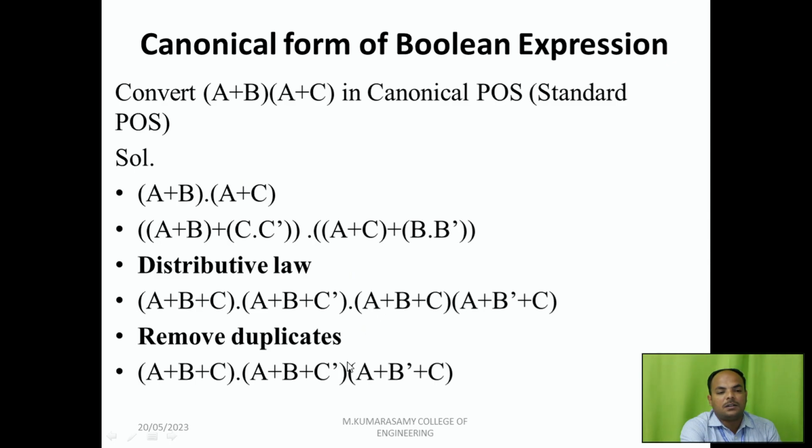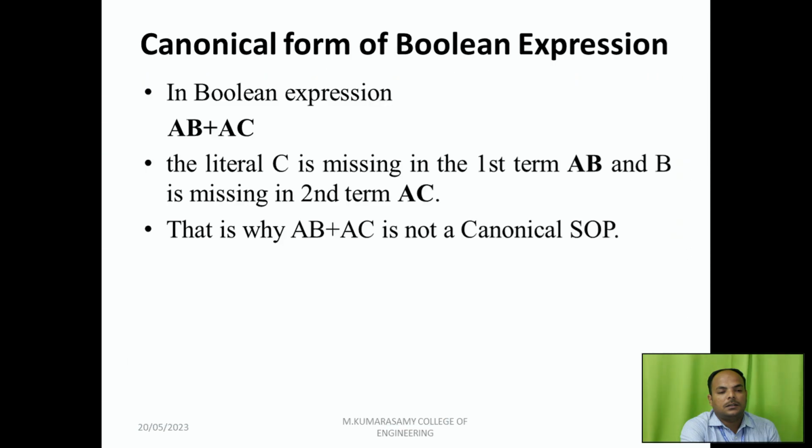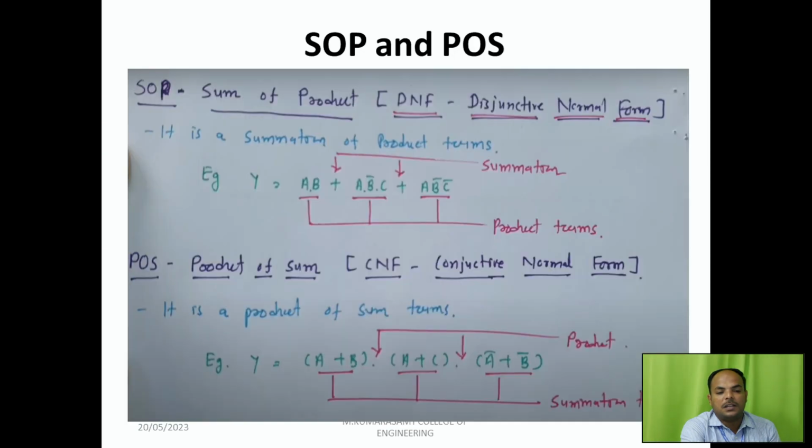When converting from POS to canonical POS, we follow the same steps. So these are the two examples of canonical or standard form of Boolean expression. Once again I will repeat: normal SOP is sum of products and POS is product of sums.